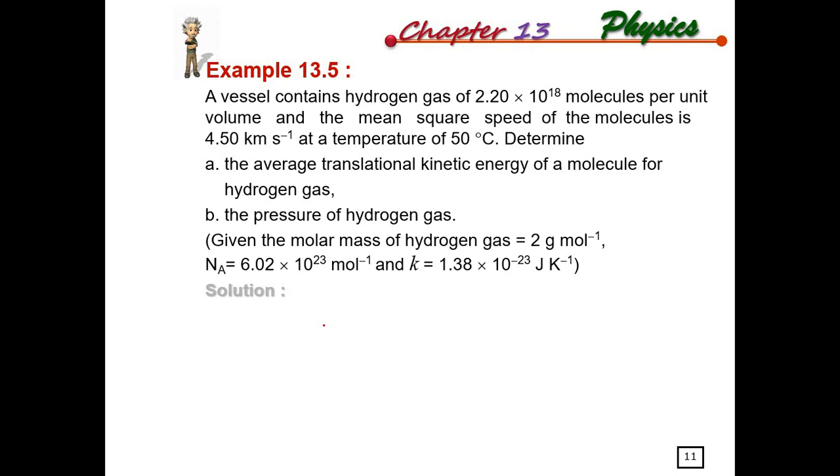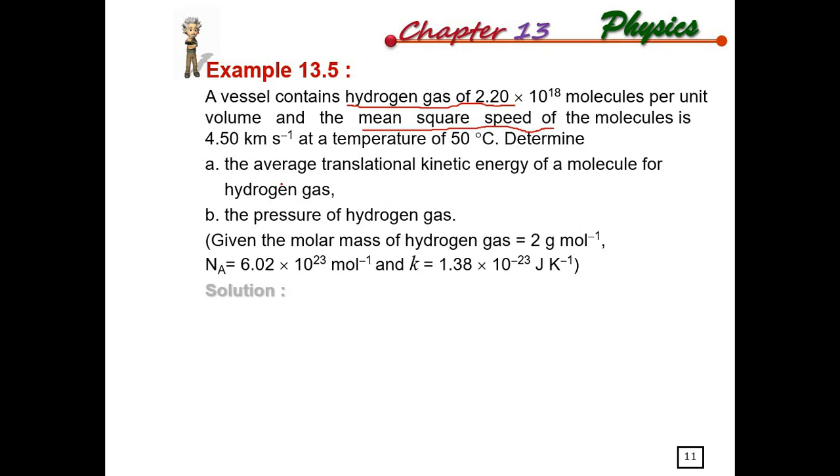Look at example 13.5. A vessel contains hydrogen gas of 2.2 times 10 to the power of 18 molecules per unit volume, and the mean square speed of the molecules is 4.5 km per second at a temperature of 50 degrees Celsius.